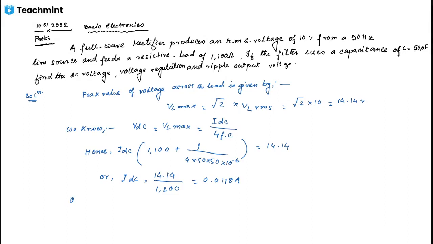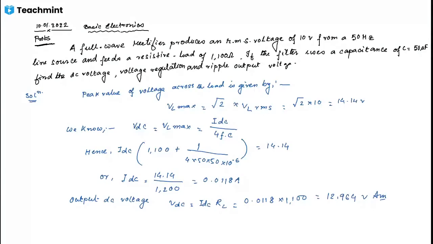So the output DC voltage VDC equals IDC into RL, that is equal to 0.0118 into 1100, that is equal to 12.964 volt. This is our first answer.